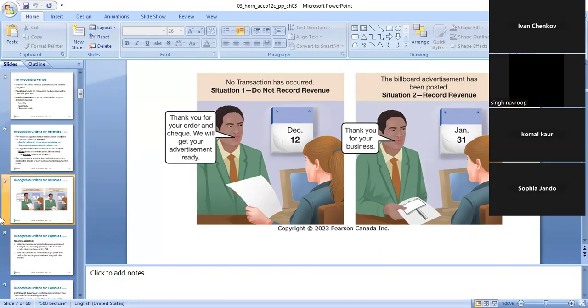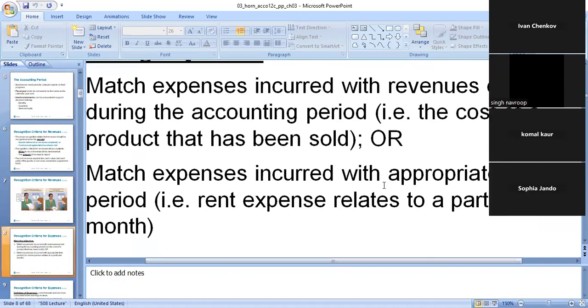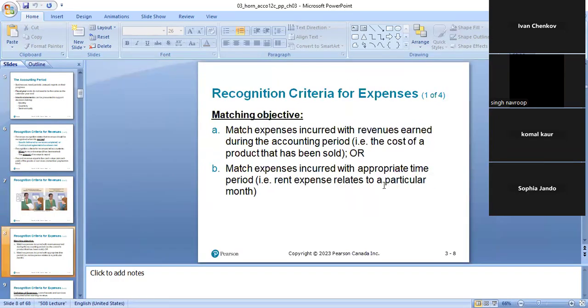So there are always going to be services which are based on conditions. So the matching objective is, first, to match expenses. So how about the expenses now? We established the revenue. Revenue always has to be earned, either services delivered or goods received. How about the expenses? We have to match the expenses with the revenue.